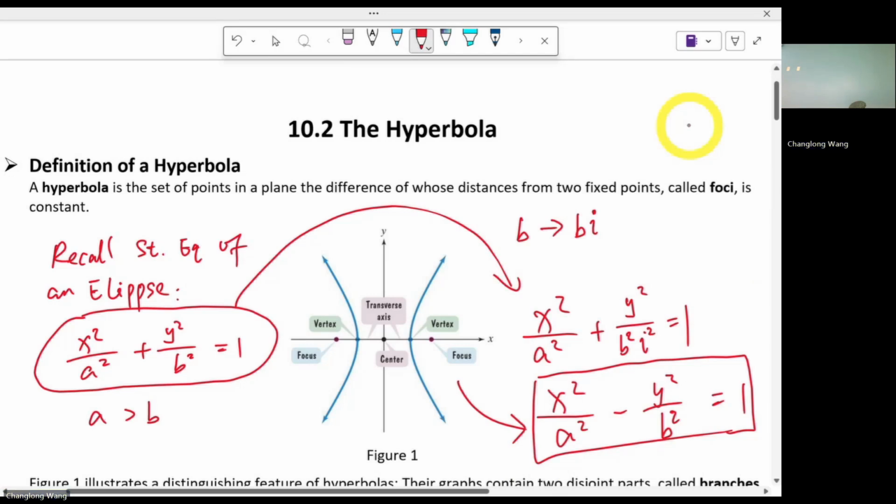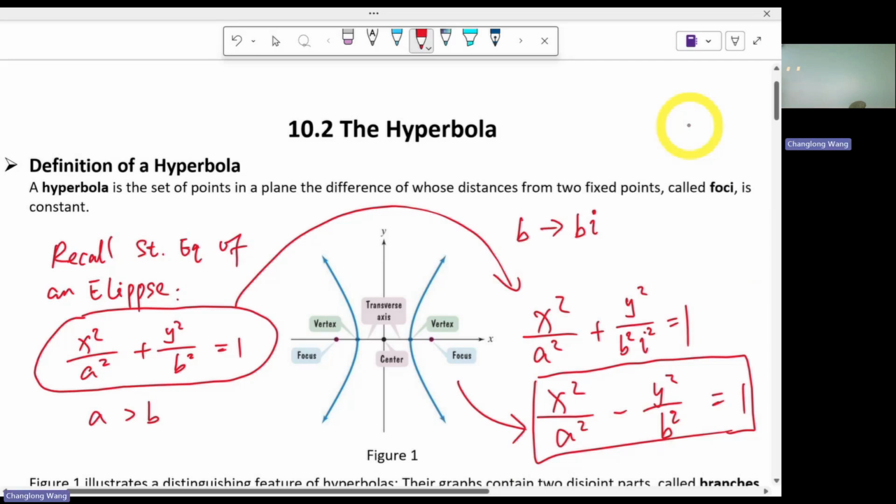Well, it turns out some other people call the distance between the two vertices the real axis. And then they call something that you don't see on a graph, but the length of which is the same as 2 times b, the imaginary axis.